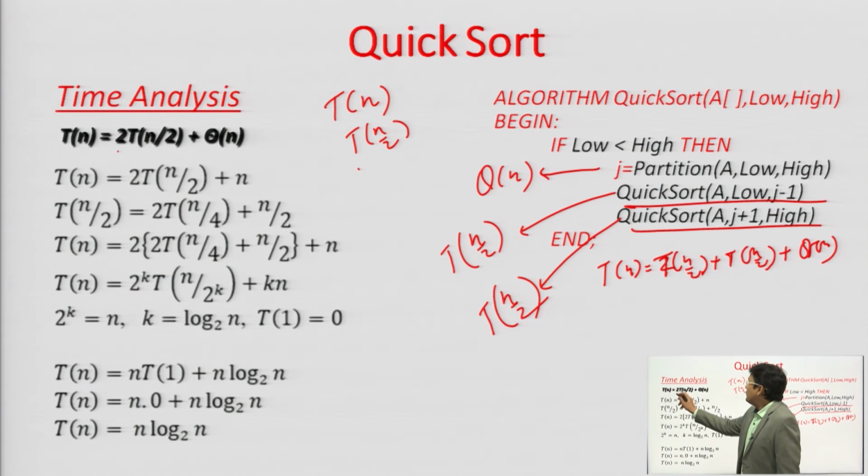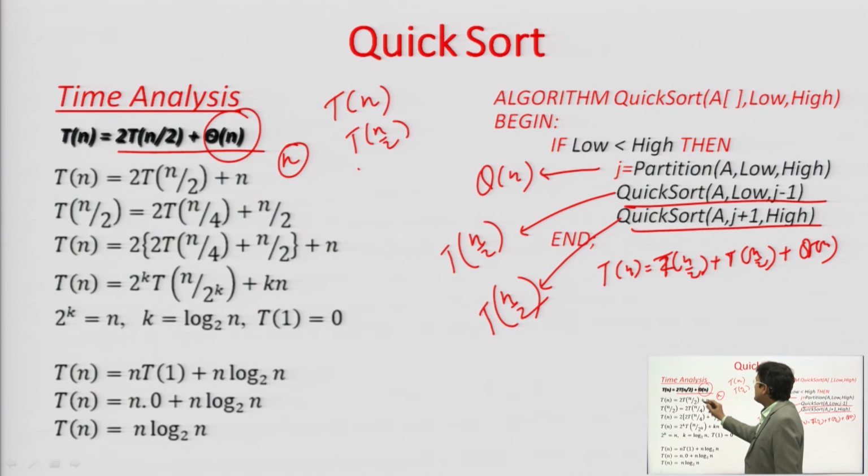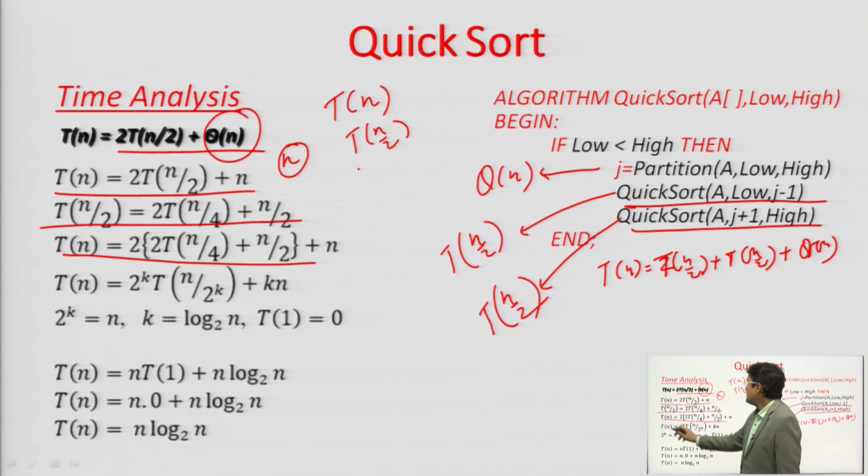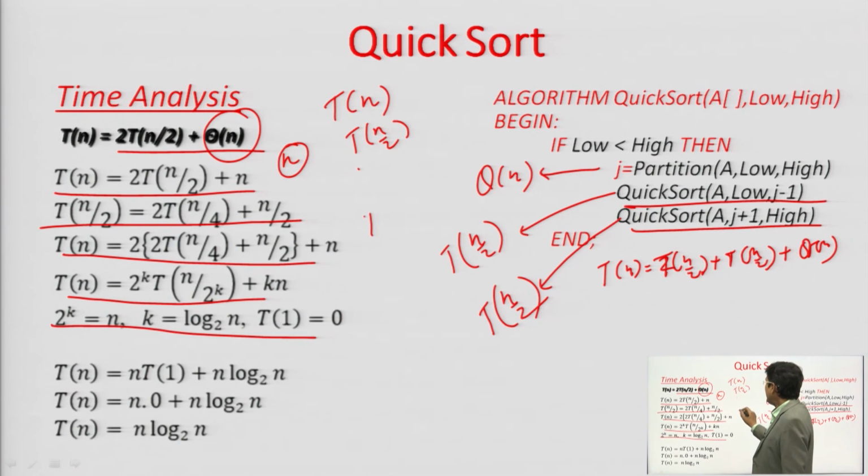Now, if we assume that the value of theta n is n, then this can be written as this. This is our assumption, and if we find the solution of this with repeated division by 2, at some point we will find that the array has one element, and you know that if you have one element only, the quicksort will not be performed.